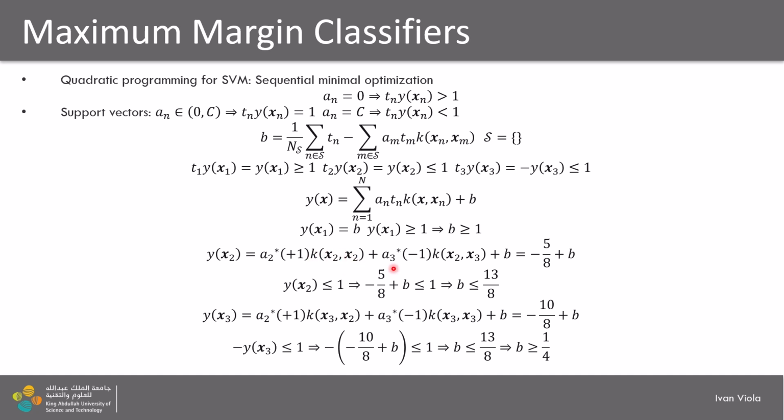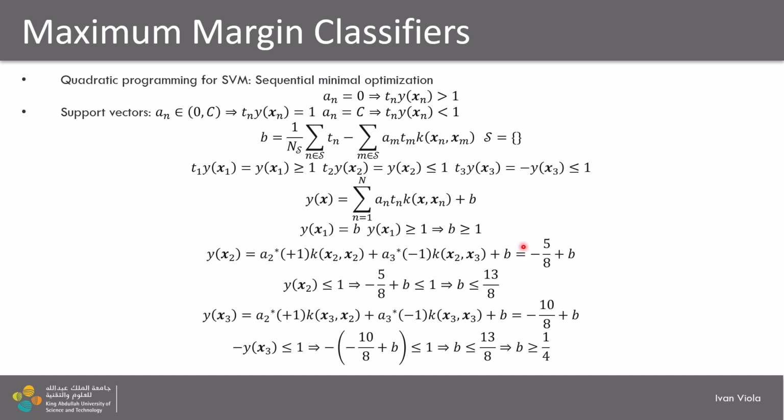Then we have the a3 star, which is 5/8 minus 1, so that's the t3, and then we have the kernel x2, and that is equal to 2.